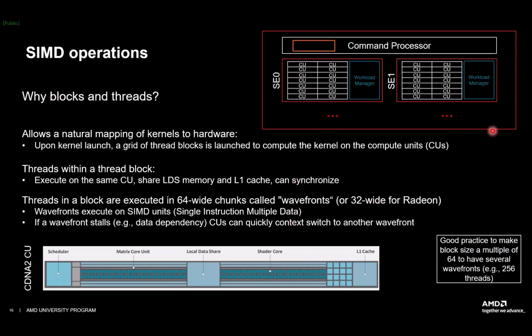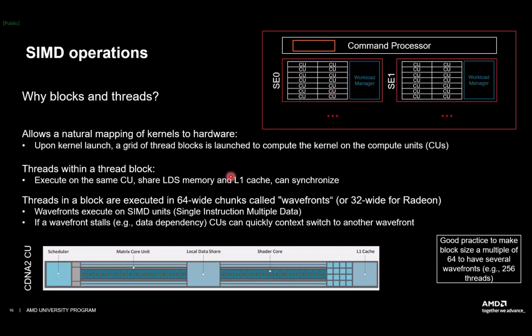But just to fit it on the page, I've only shown 2 of them. And each of these shader engines has a workload manager and also some number of compute units. And these compute units, this is where the computations actually happen.